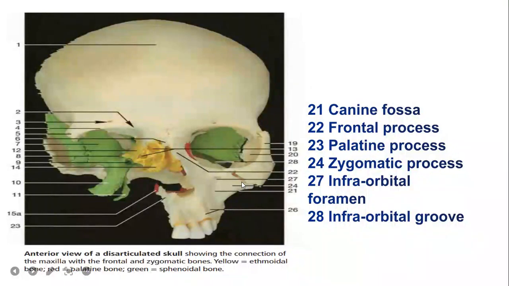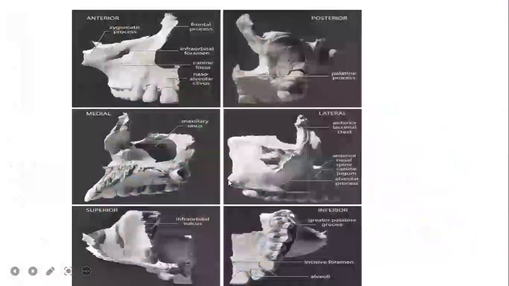The part labeled 27 is the infraorbital foramen, and the part labeled 26 is the alveolar process. Remember, I did explain that a little bit. The part labeled 23 is the palatine process, and the part labeled 24 is the zygomatic process, all of which are parts of the maxilla.